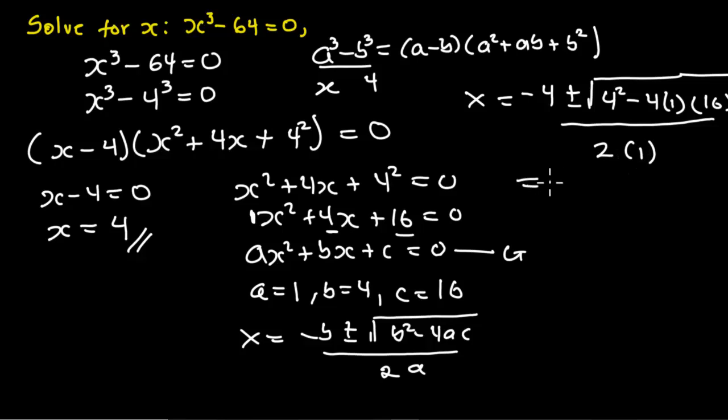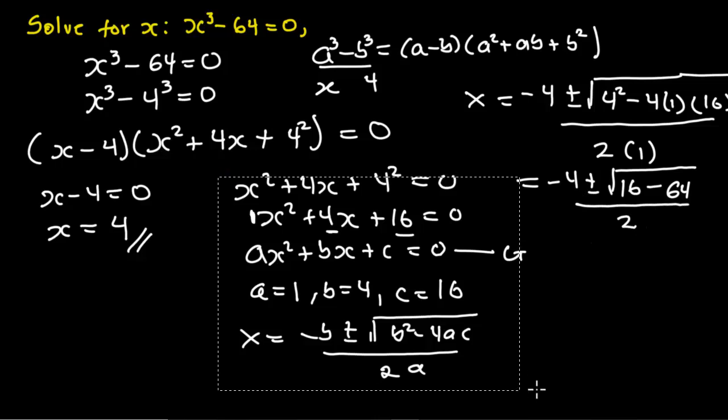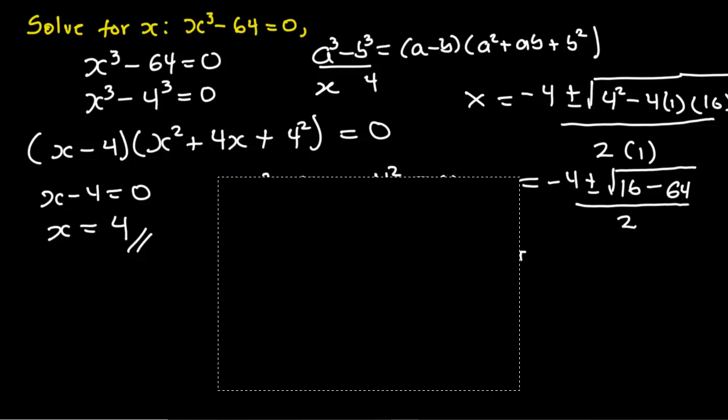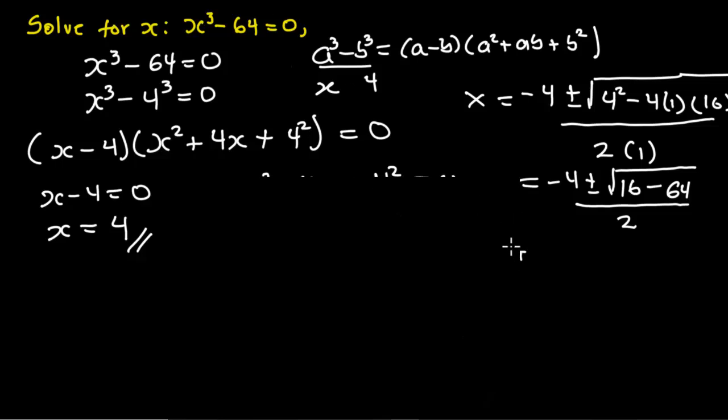So we are going to have negative 4 plus or minus the square root of 4 squared is 16 minus 4 times 16 gives 64, all over 2. And so from here, x will be equal to negative 4 plus or minus the square root of 16 minus 64 gives minus 48, all over 2.